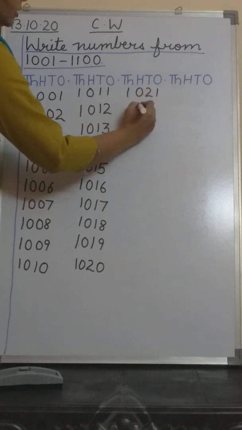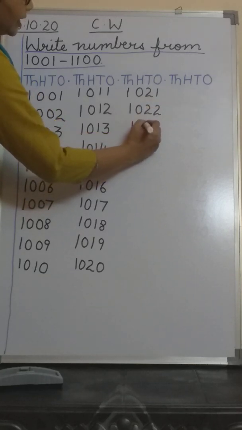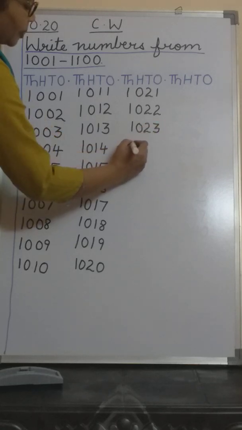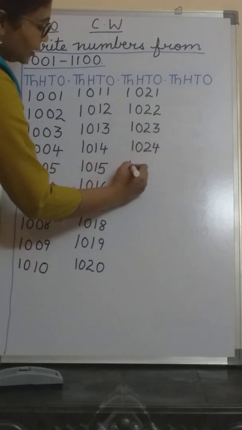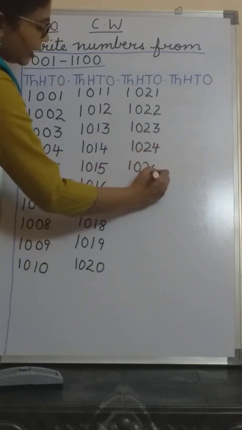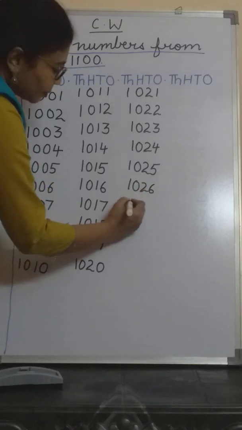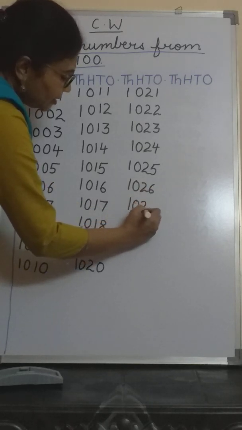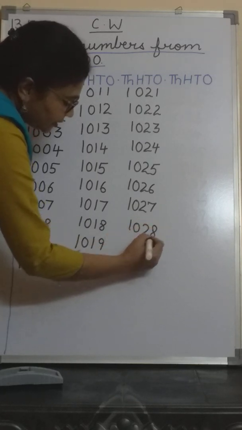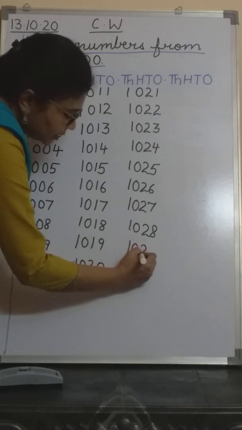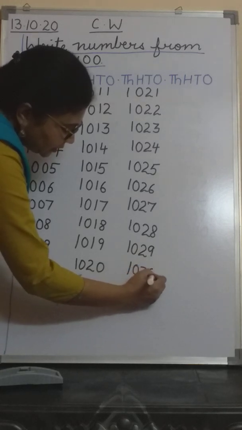1021, 1022, 1023, 1024, 1025, 1026, 1027, 1028, 1029, 1030.